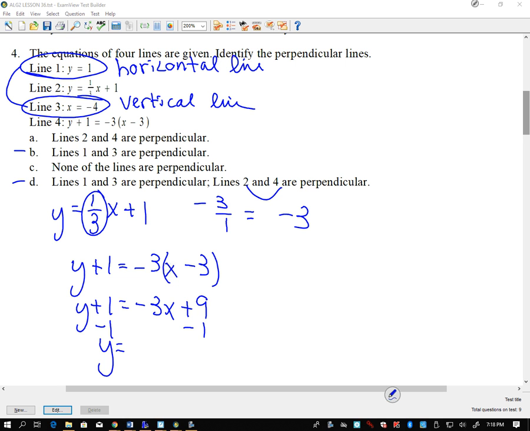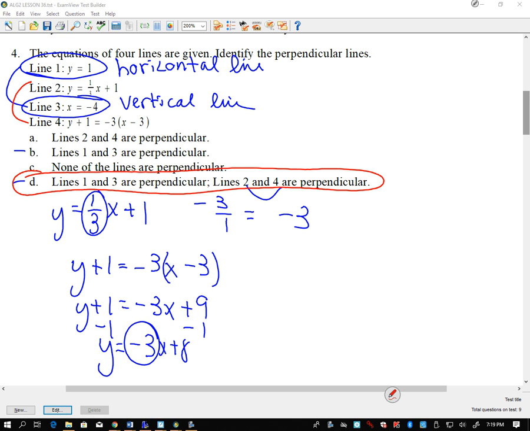And really the rest of this is not as important, what we're seeing with the y-intercept there. Right, and we're getting plus 8. But this is the only part I really needed to see. And because it's an opposite reciprocal to 1/3, I know 2 and 4 are also perpendicular. So my answer is actually D and not B. So we have two pairs of perpendicular lines.